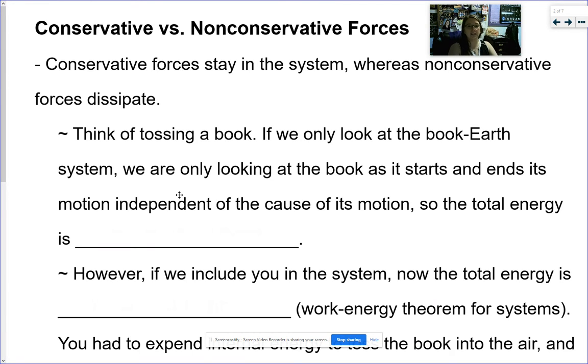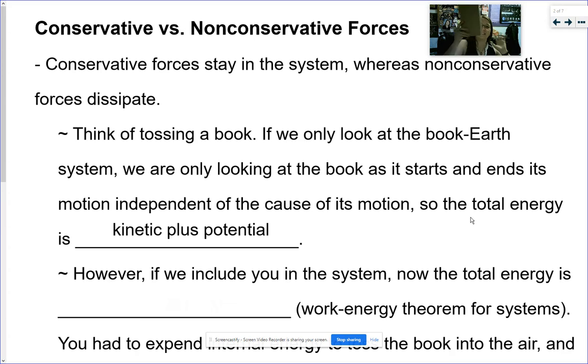So again, we're pretending this book is just lifting up and coming back down. So in this case, the total energy is just kinetic plus potential. It's just the motion of the book coming up and down due to gravity. There's no other forces acting on it, if we ignore that my hand was what caused the book to lift, yeah?